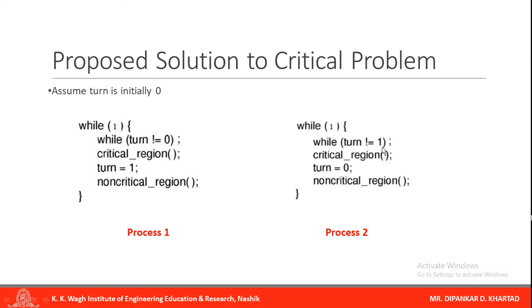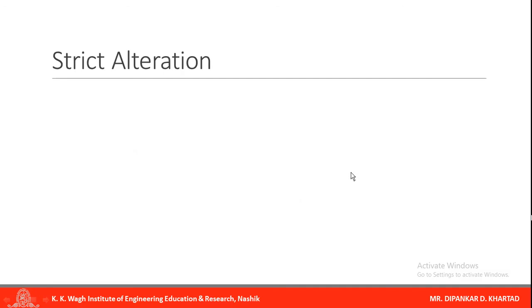And for the other process, if the condition turn not equal to 1 fails, then the code runs into the critical region. Remember that after the critical region, turn is set to 1 and turn is set to 0 respectively. So this is strict alternation.